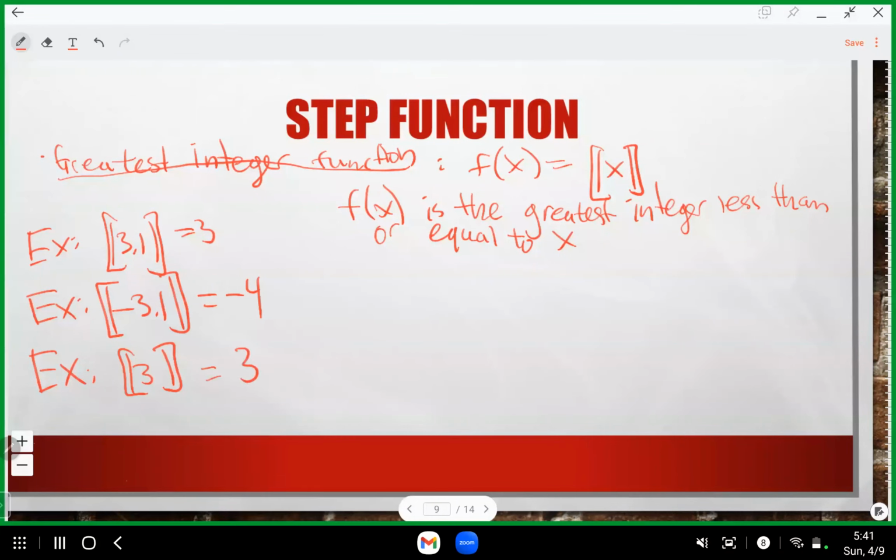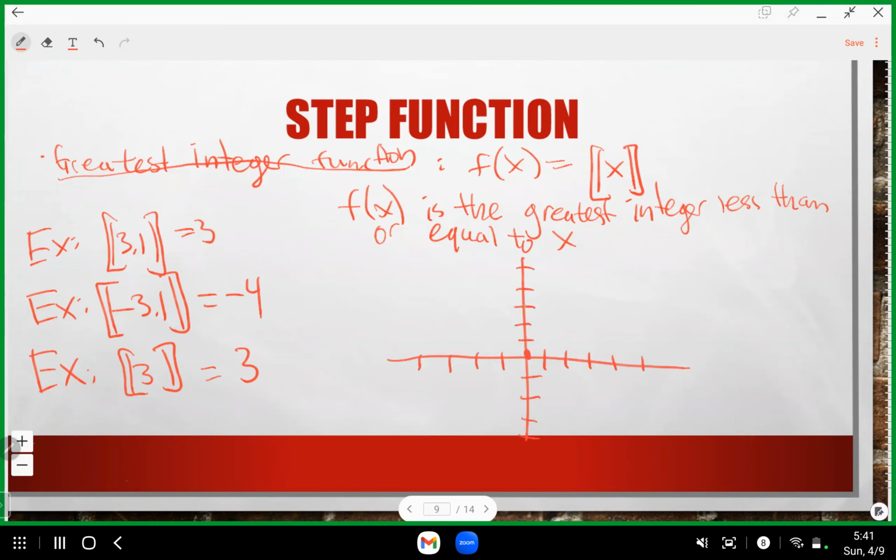So now I think we can start to visualize what our graph is going to look like. From these couple examples alone, you can kind of see what the greatest integer function is like. When x is 0 or 0.5, the greatest integer function y is still going to be 0. It can be 0.99999.